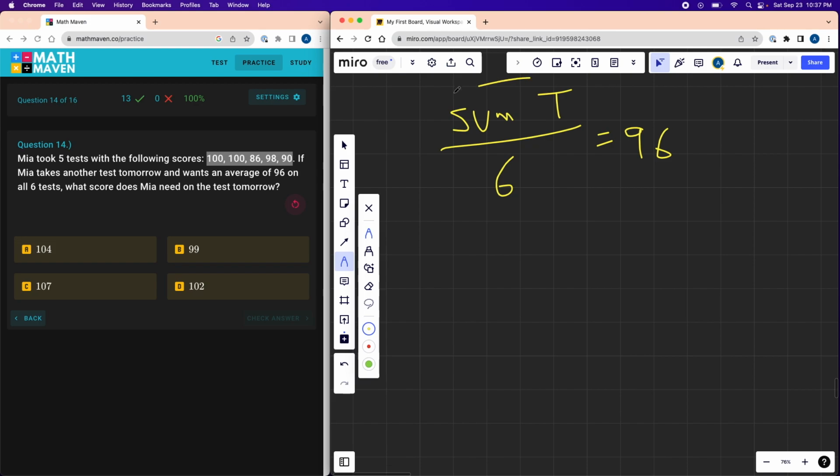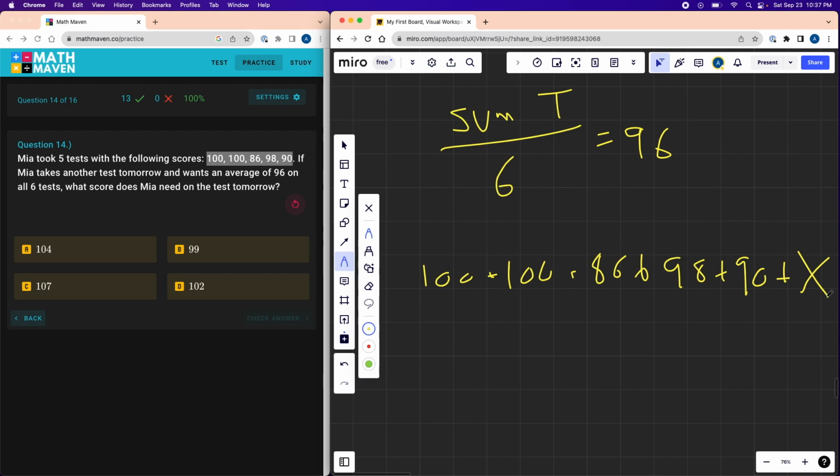So, what is the sum of t here? Well, that's going to be this 100 plus 100 plus 86 here, plus 98 plus 90, plus x, the test that she needs to take tomorrow.